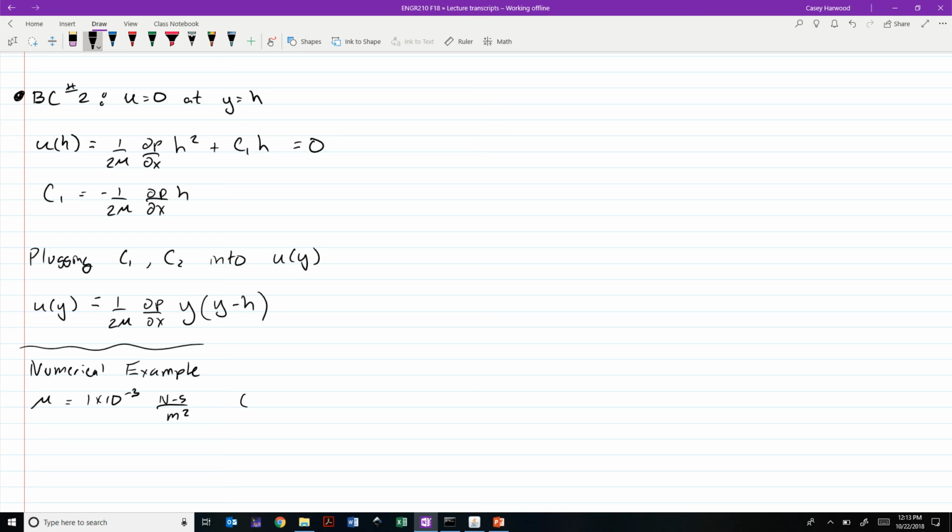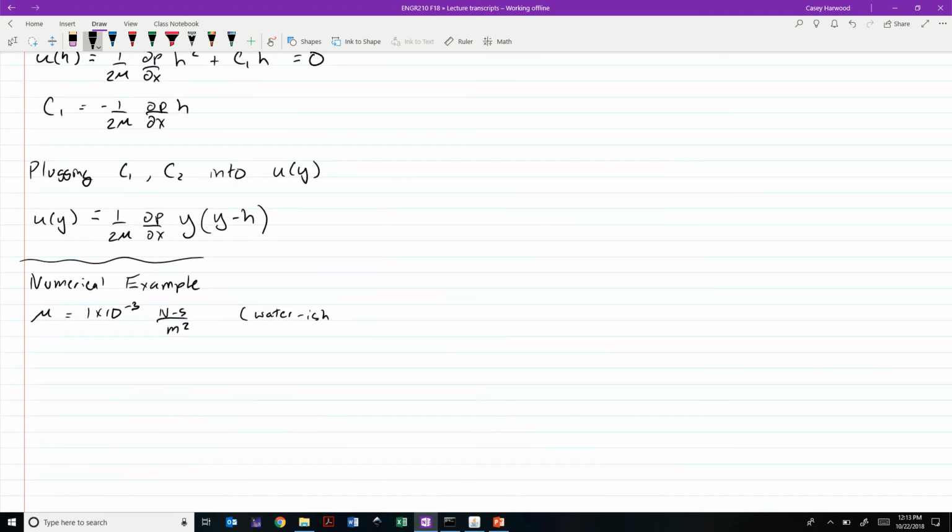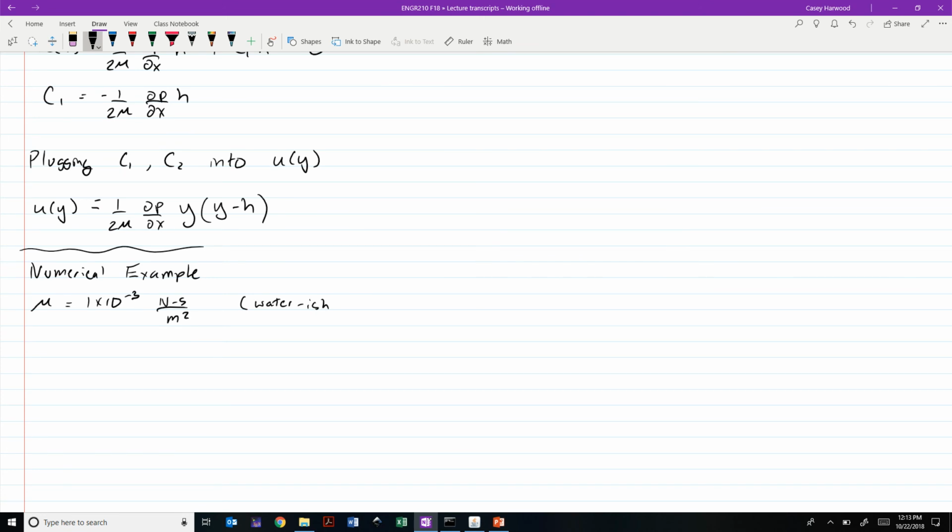Okay, so this is water-ish. Say that h is equal to 0.1 meters, and this whole thing is driven by a pressure gradient, dp/dx, of negative 100 pascals per meter, which is going to end up yielding units of negative 100 newtons per meter cubed.